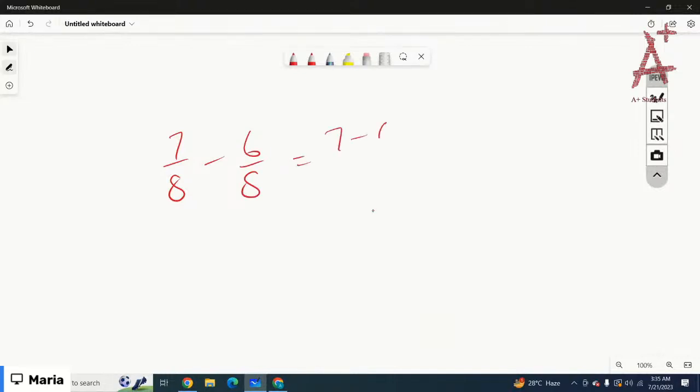So they have the like denominators. Simply subtract their numerators. So 7 minus 6 is 1 over 8. The correct option is 1 over 8.